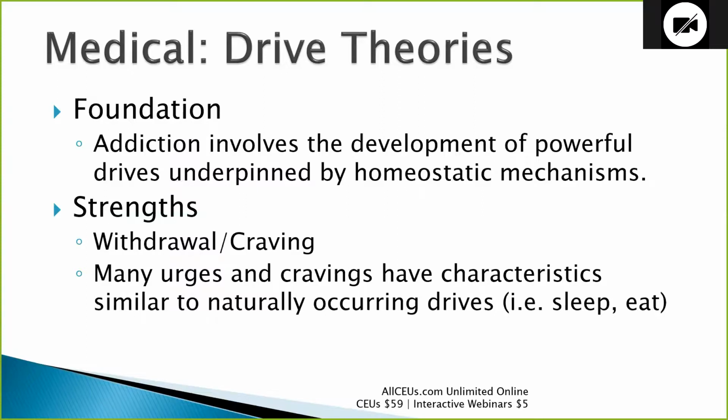That's the cool thing about our bodies. It wants to survive. Our brain wants to survive. Our body wants to survive. And it knows it survives by maintaining homeostasis. So when those homeostatic mechanisms are thrown out of whack, there are cravings.